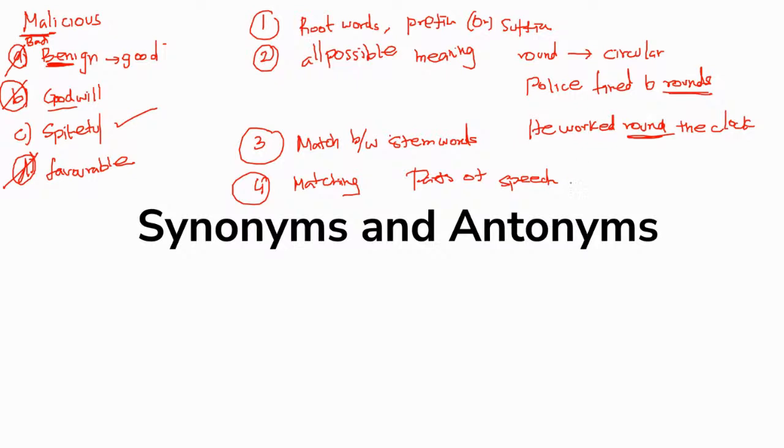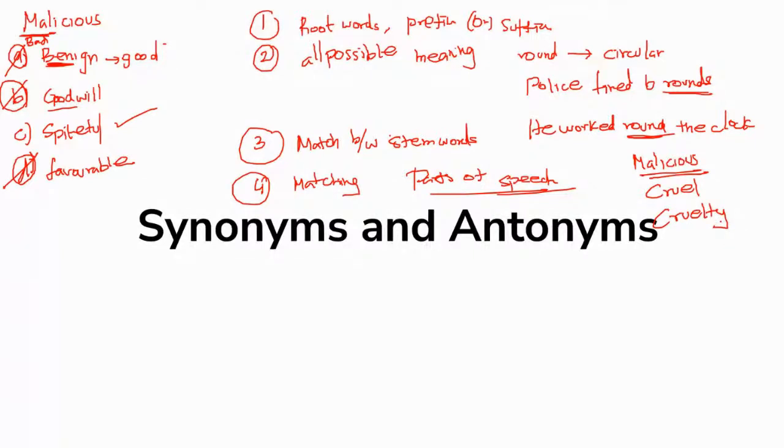Why should we go for parts of speech? For example, I give you the same word malicious, but I try to give you two options. One is cruel and the other is cruelty. So which one will you go for now?